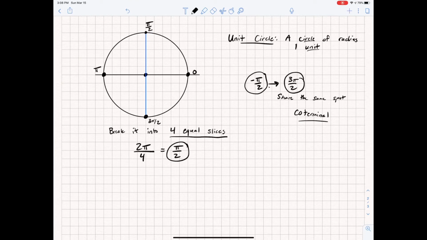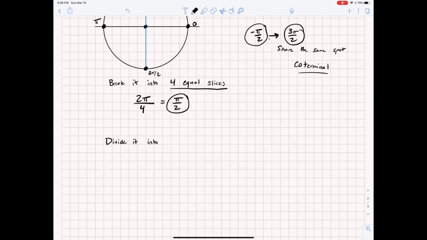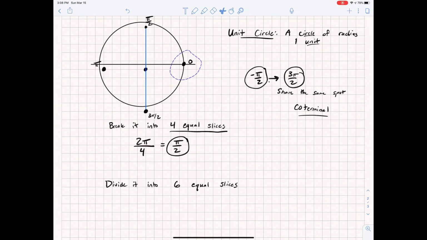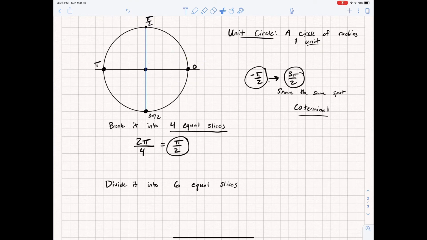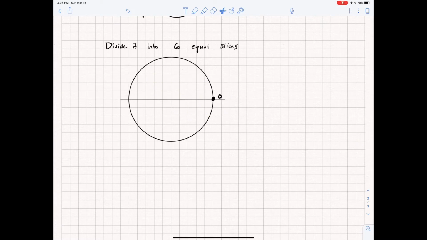Now the next thing we walked through is I said take the circle, and what I'm going to do is divide it into 6 equal slices. And so I'm going to copy the circle that I had and paste it down so we've got it marked.